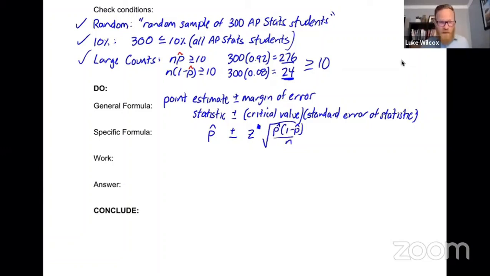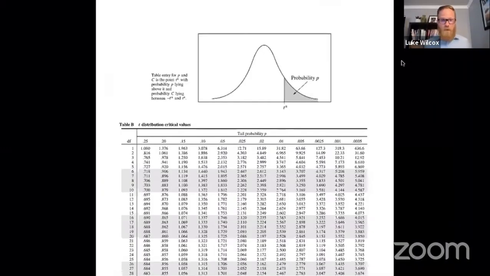And we are finally ready to plug in some numbers for this thing here. We know our sample proportion p hat was 0.92. Now, we need a z star value, the critical value, which tells you how many standard deviations or how many standard errors away from the mean we need to go in order to get that 95% confidence. And for this, we are going to need either table A or table B, which is given to you on your formula sheet.